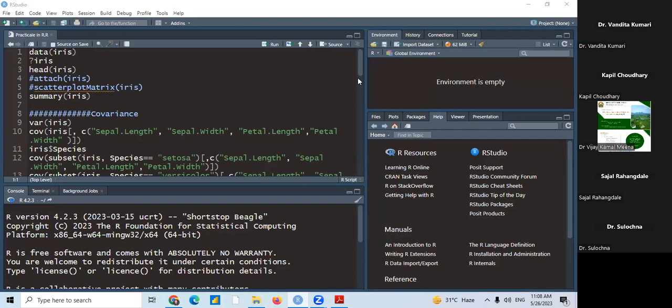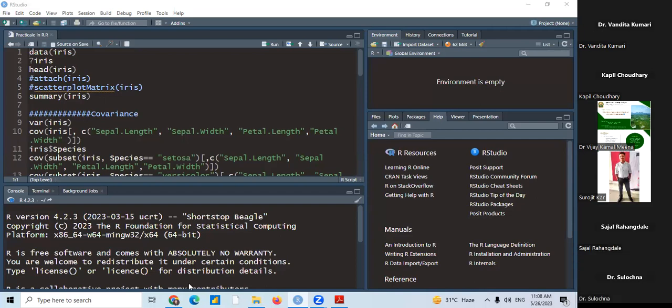Hope the RStudio screen is visible. Any response from the participants? Yes, visible, ma'am. So I would request you all to please open your R screen.